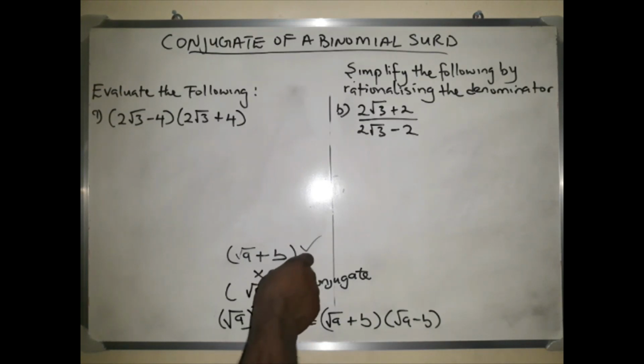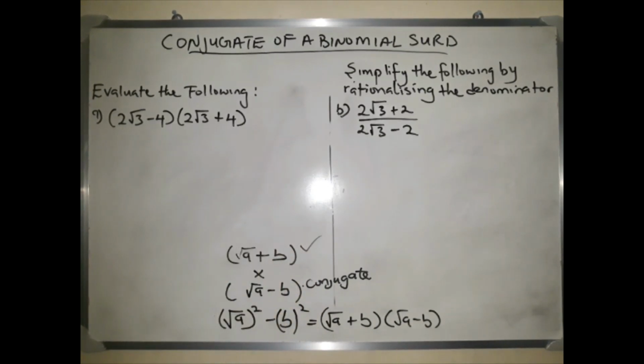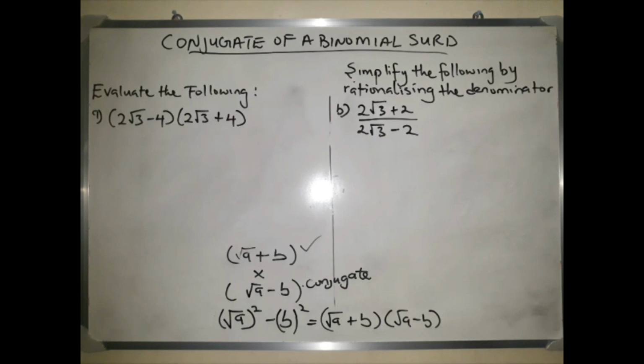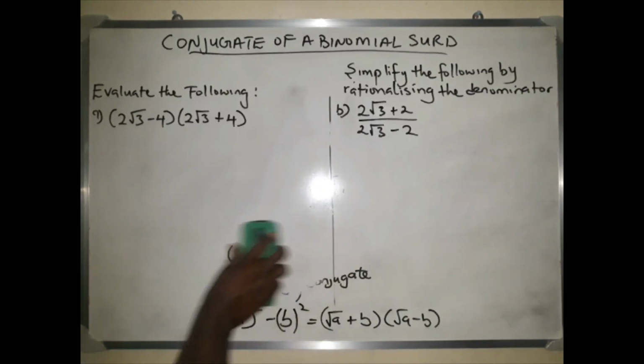This was the expression you were given initially, root a plus b, and you want to rationalize it. So you multiply it by its conjugate, which is similar to the original expression, the only difference being that you change the positive to negative. So this is the conjugate of this, while this is the conjugate of this. That is how we get the definition for both conjugate and binomial surds.